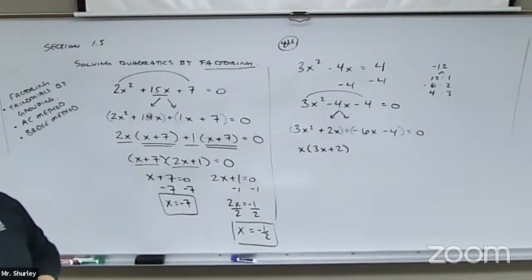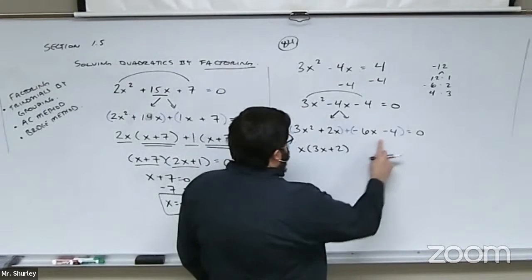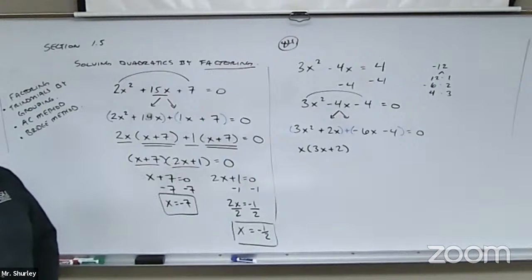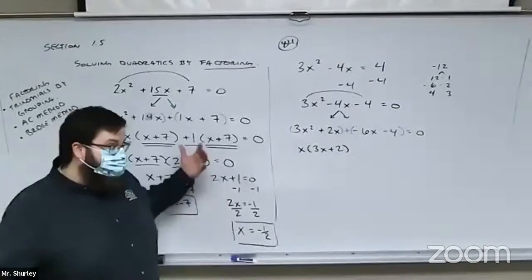What do you guys think? What do I need to factor out of this set to match this set? 3x plus 2. Yeah, what do I need to factor out here? 2. It would be a 2, but what about the 2?